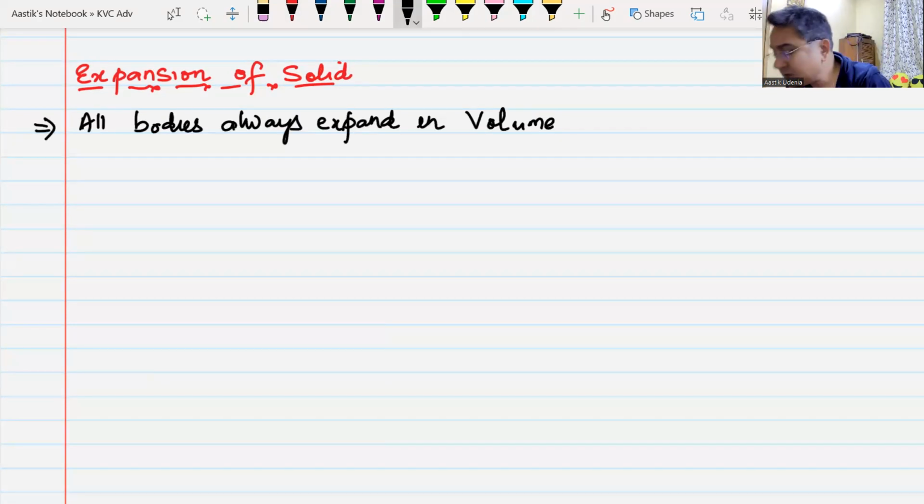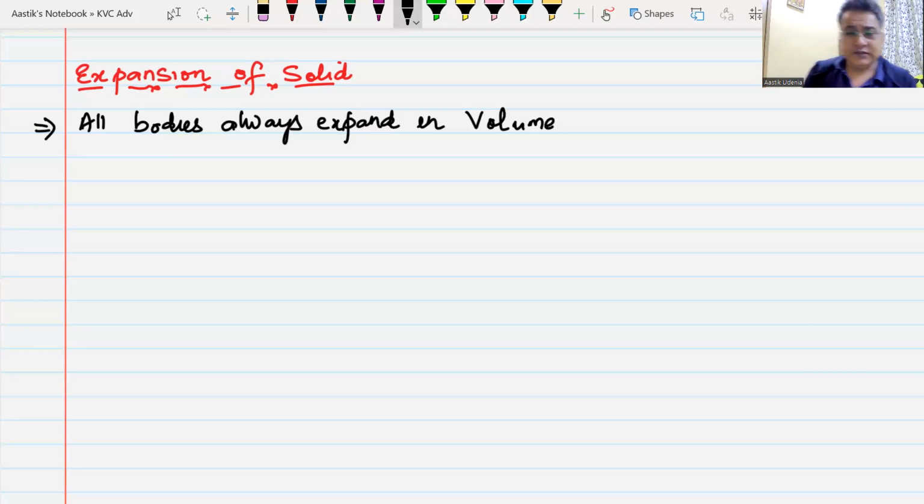But there are some bodies, say for example, a very thin wire. The length of the wire is very large, but the width and the thickness of the wire is very small. Now, when you heat this wire, it will expand in volume, but the expansion in breadth and thickness would be very minimal. You will not be able to make out how much it has expanded in breadth and thickness. But the expansion in length, because length is very large, you will see the expansion in length. Yes or no? Yes, sir.